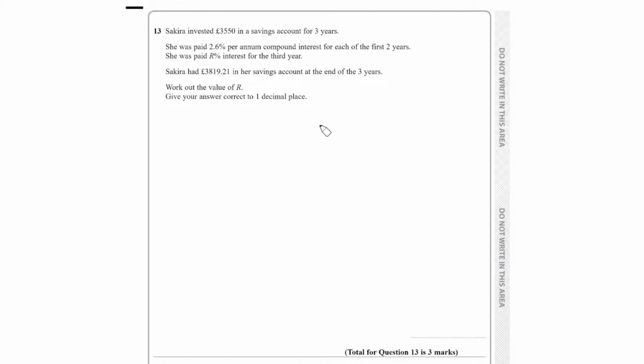What I would do is, yeah, just set up the compound interest formula. So your initial amount or your principal amount multiplied by, we can do at least the 2 years first, can't we? 1 plus 2.6 over 100, or however you do the formula, squared for the 2 years, right? Because we've only got that for 2 years.